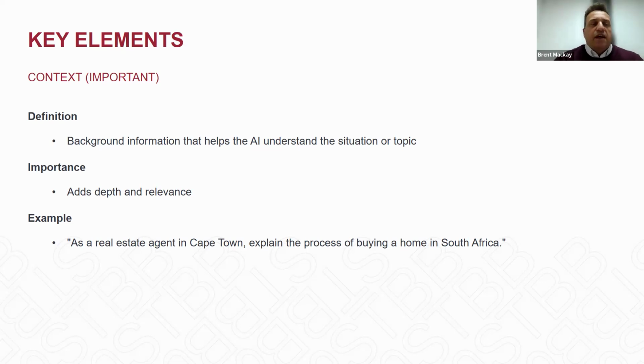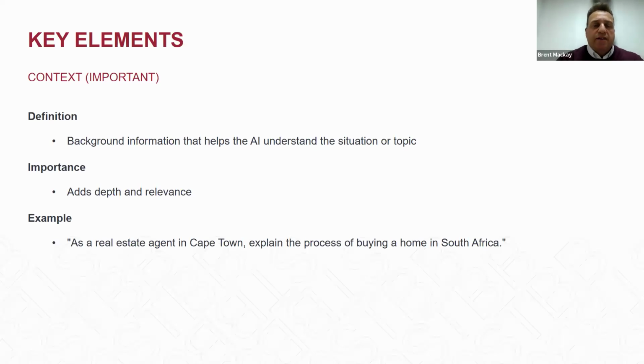And you can actually then add some additional stuff into the context here as well. And one of the things to add in there would be the audience. So who is it that this is drafting for? So in this case, you're saying as an estate agent in Cape Town, so it knows from which point of view it's looking to generate the text, from the point of view of a real estate agent and around Cape Town.